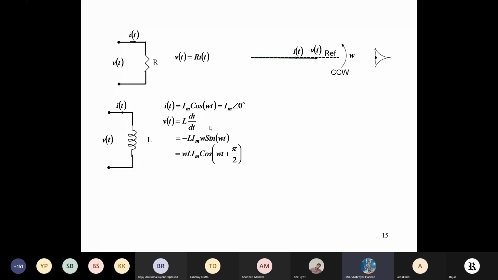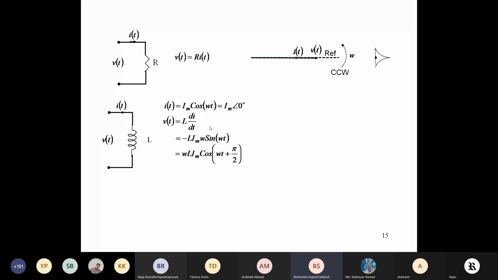Sir, when we go along the current, then we take minus L di by dt, so the last part will change.